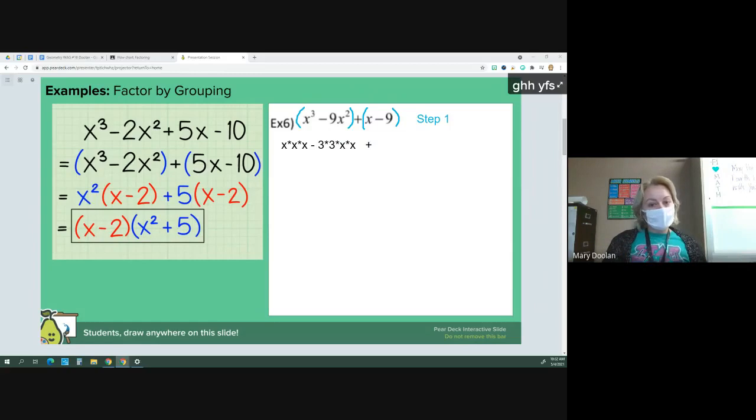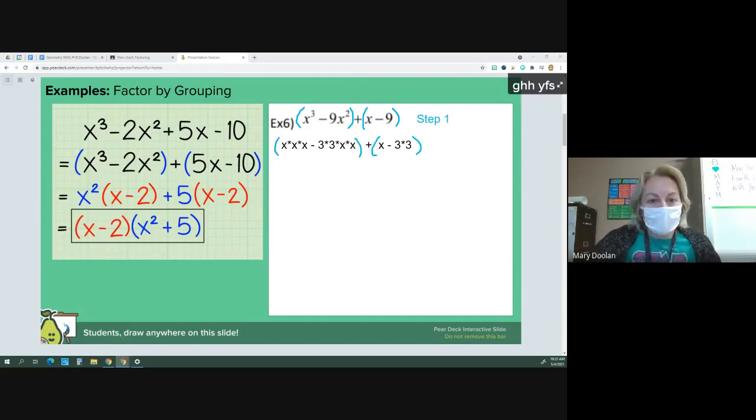For the second binomial, x minus 9, that is already expanded for the x term because it's just an x. 9 I could expand as 3 times 3. Yeah. So anyhow, let me put my parentheses back so we can still see this grouping that's going on. So we have this binomial and this binomial.